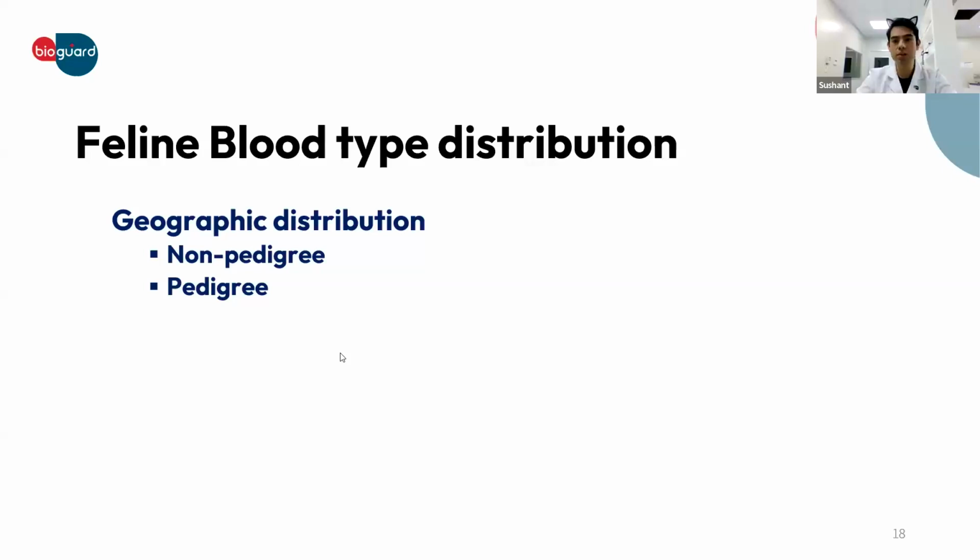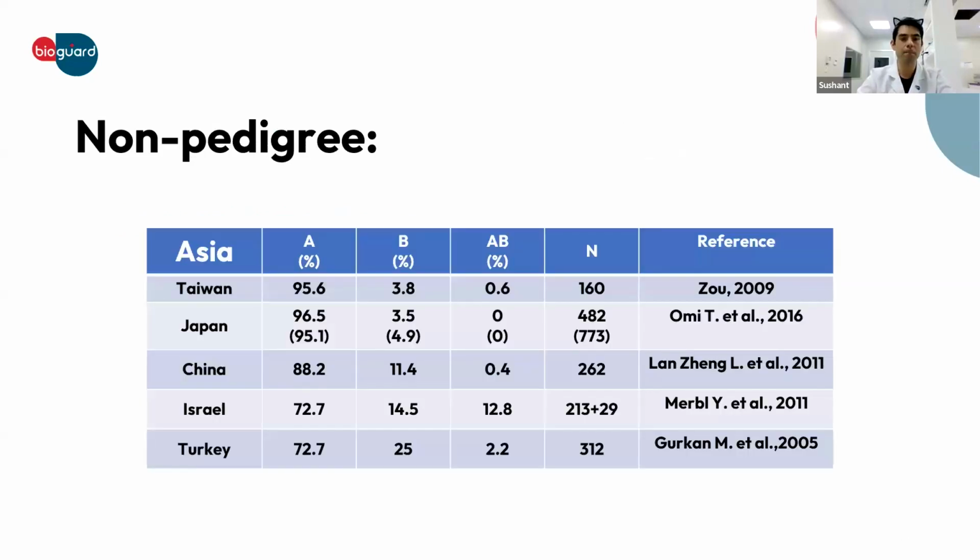The distribution can be subdivided into two types: non-pedigree, where the studies have been calculated on the overall cats present in a certain region, and pedigree, where a specific pedigree or breed is counted to see how many of each blood group there are in those breeds. We'll start with some data for non-pedigree cats.